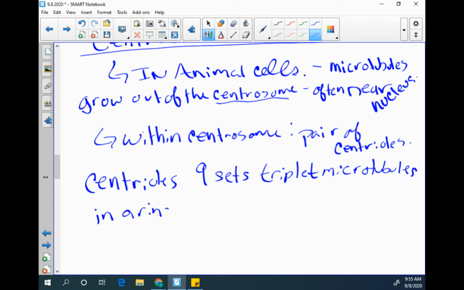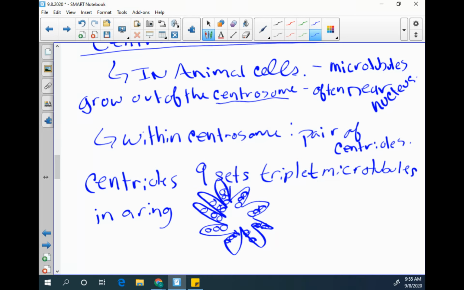So if we've got 9 microtubules in a ring, 1, 2, 3, 4, 5, 6, 7, 8, 9, and each of them is a triplet, that is what a centriole looks like.